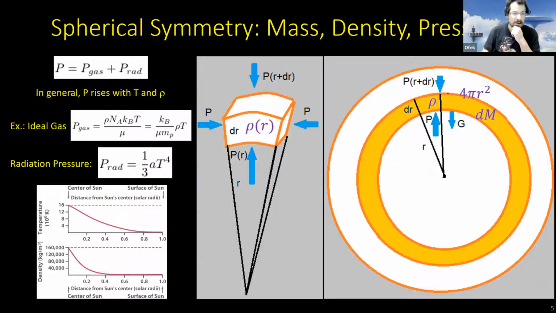And because radiation pressure goes like temperature to the 4th power, while gas pressure is only linear in temperature, eventually as the temperature goes up, radiation wins out. And so the most massive stars will actually be dominated by radiation pressure in their cores.